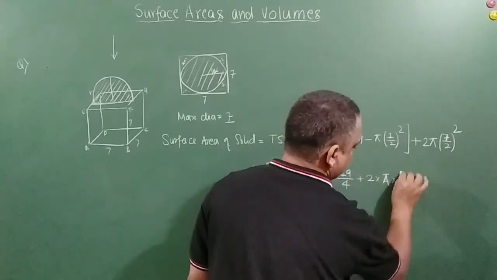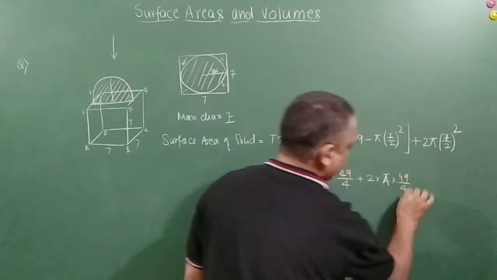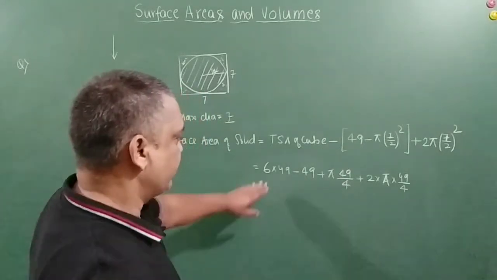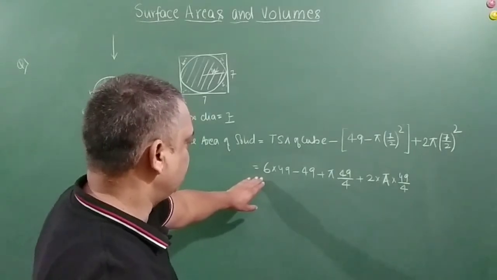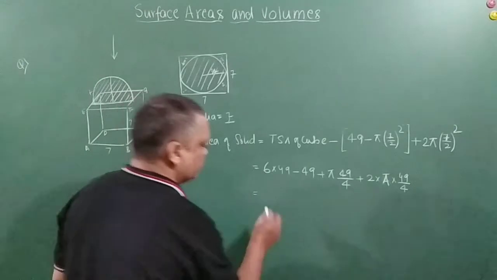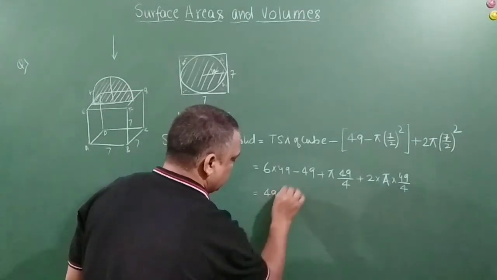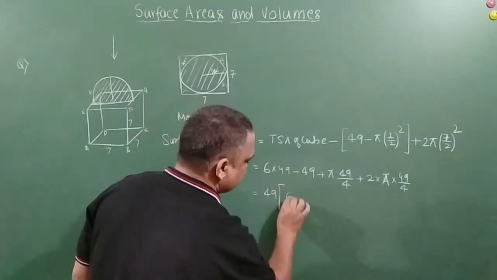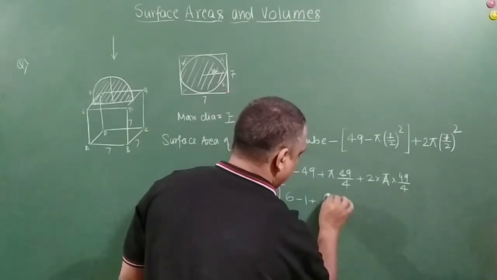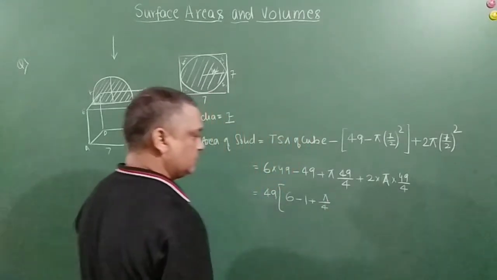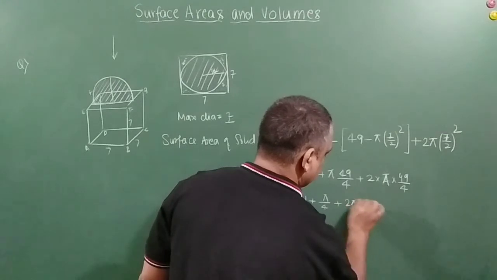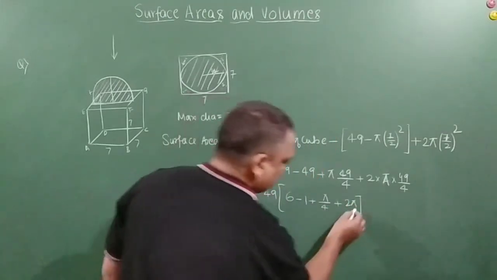Pi, this is 49 by 4. Right, friends? So whatever we can take common here, I think 49 we can take common, correct? This leaves me with 6 minus 1 plus pi by 4, plus 2 pi by 4.